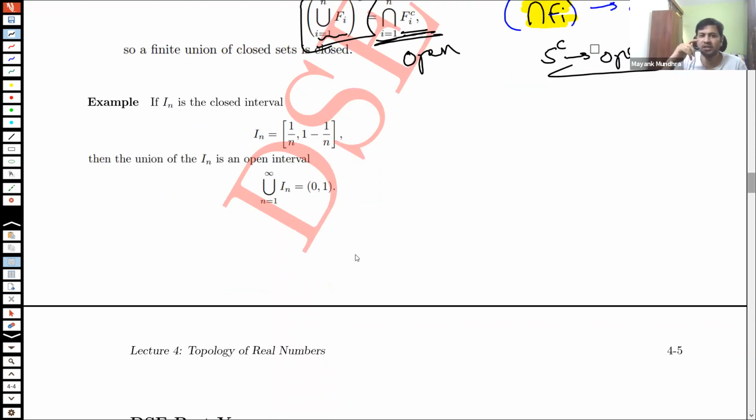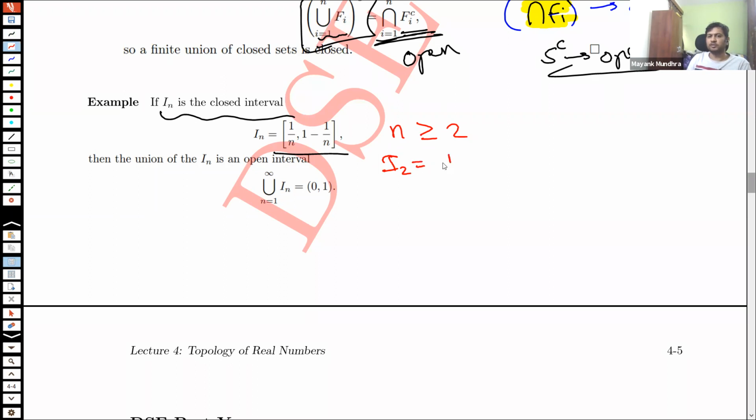So let's look at one last visual for today. The set In, which is [1/n, 1 minus 1/n] for n greater than or equal to 2, let's say. For n equals 1, this becomes [1, 0], which is not happening. So I'm going to define it from 2 onwards.